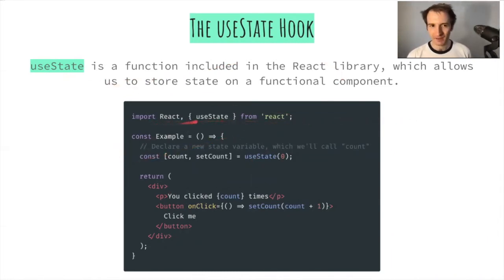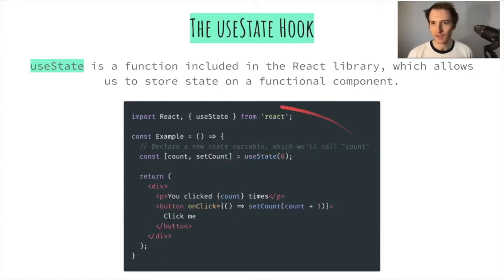If you haven't seen this syntax before, we're importing React, which is the default export from the library of React, but we're also destructuring off of React something called useState here. We could also have written this as React.useState, because useState is just a method on the React library. But here it's a little bit cleaner to destructure it like this.